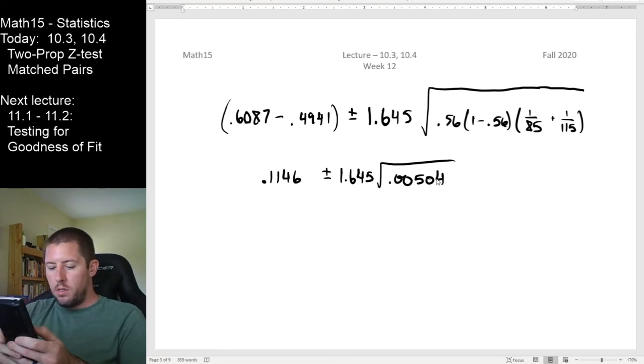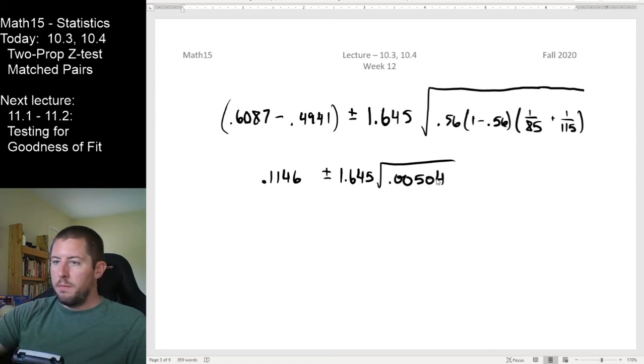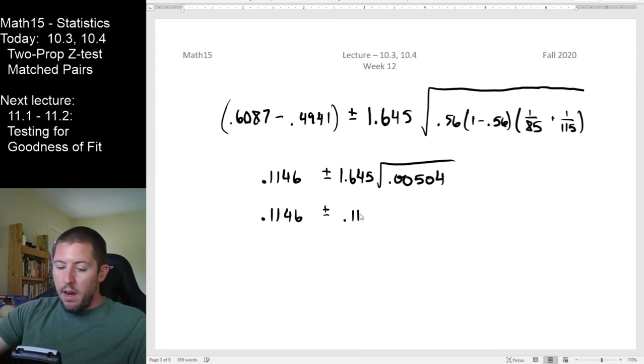I'll go ahead and take the square root of that, and I'll multiply by the 1.645 that we'd seen for z. And what I'm landing at here is a margin of error of 0.1168.